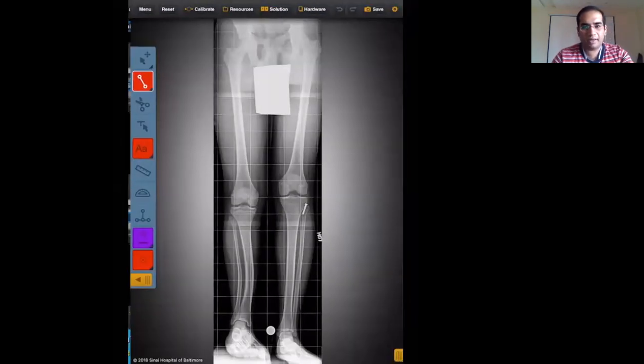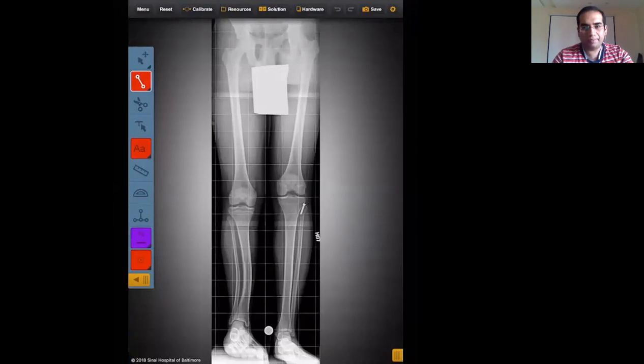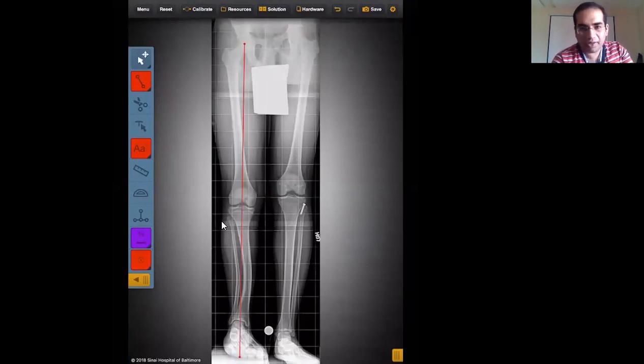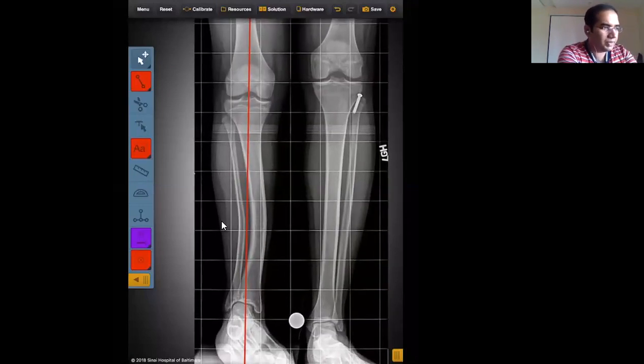Let us plan one on the X-ray, and then we can move forward with our femur. As you can see in this patient, we will assume that the femur is normal. We don't have enough time to do the whole planning. Here you can see that the line is passing more or less through the center of the knee. But the tibia is bowed. Let us zoom the tibia.